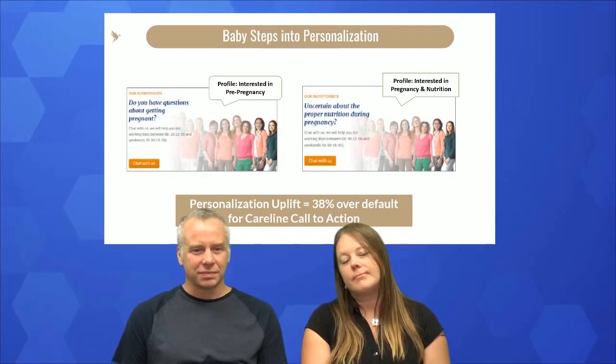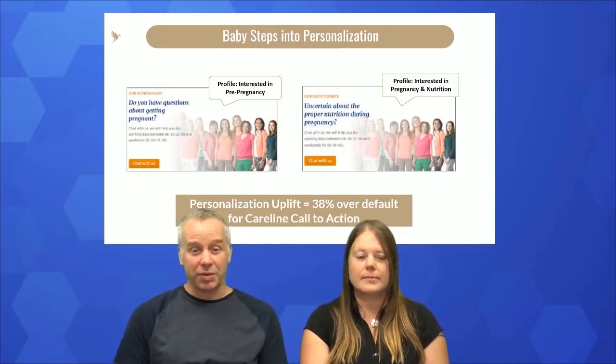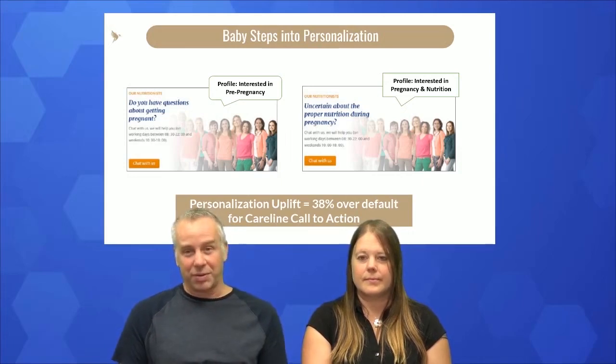So here's a really good example of where you can learn so much about a visitor by where they enter the site. So at Danone, they're able to see whether people are looking at becoming pregnant or hoping to become pregnant, whether they are currently pregnant or whether they're rearing a toddler running around the house.